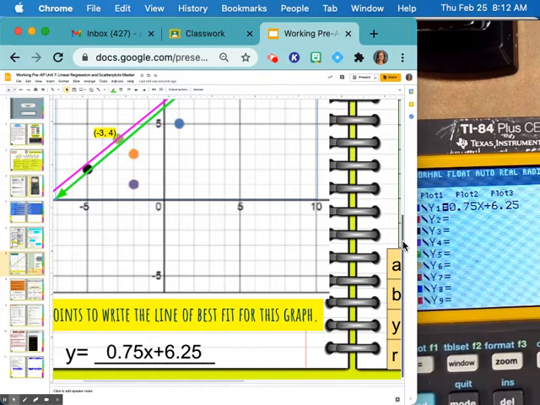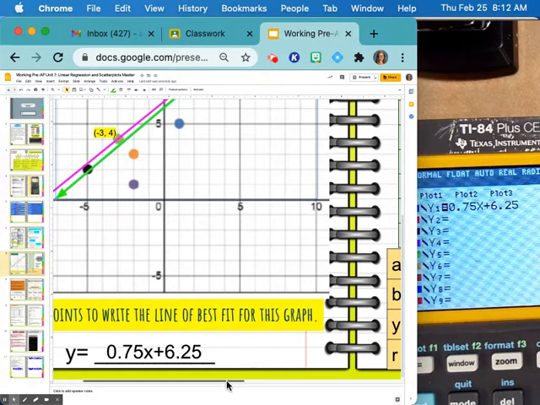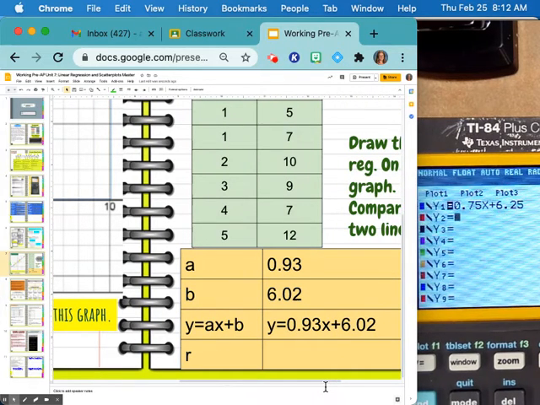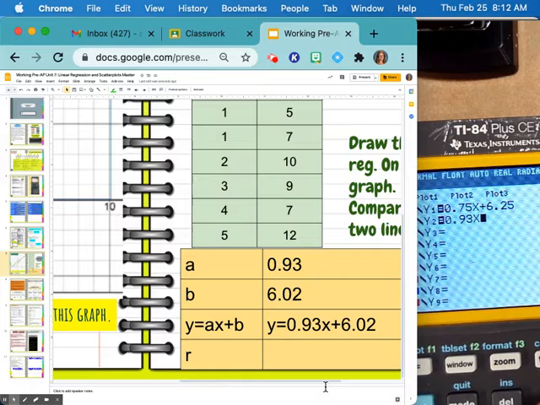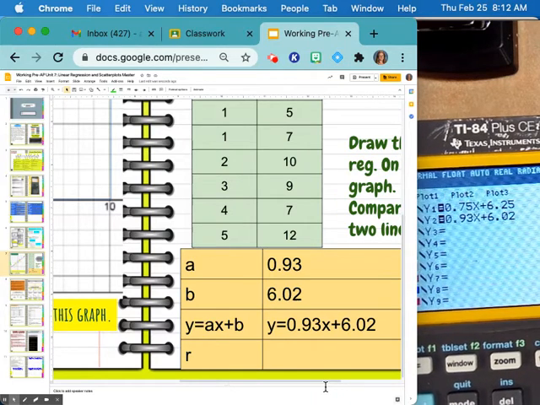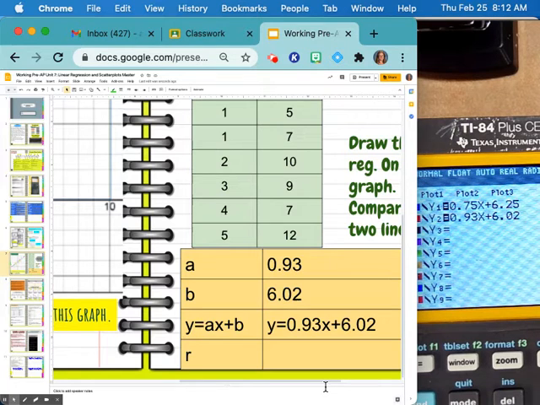And then our y2 would be the one that we did with all of the points: 0.93x plus 6.02. You need to get off of that. That's not what we're doing right now.